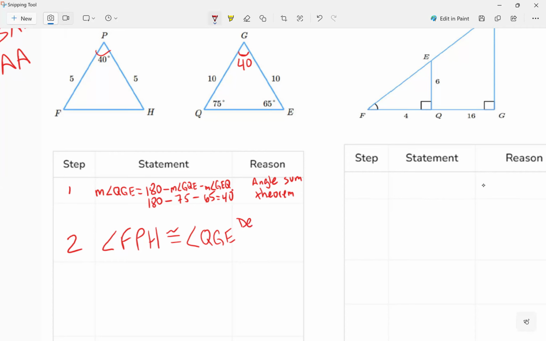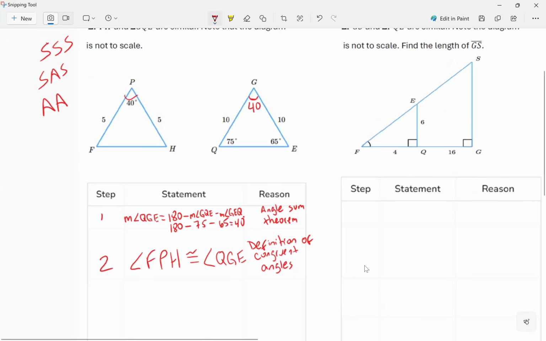My rule I'm going to use is definition of congruent angles. Basically, I just want to say those two angles are congruent. Why? Because for side angle side, I need the angles to be congruent and the sides to be proportional.